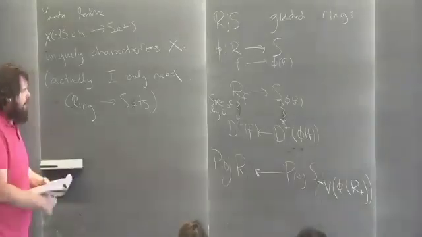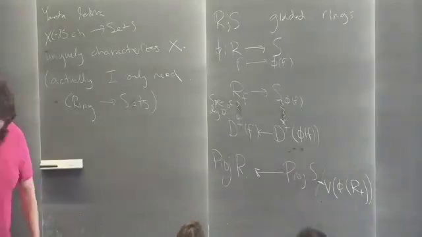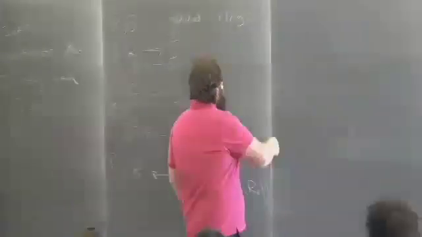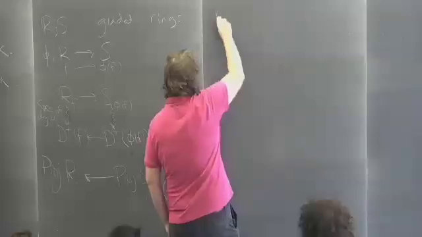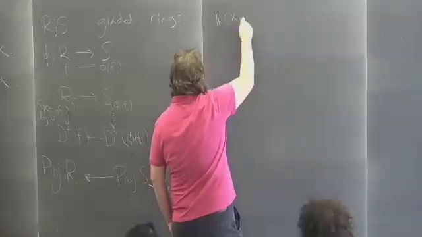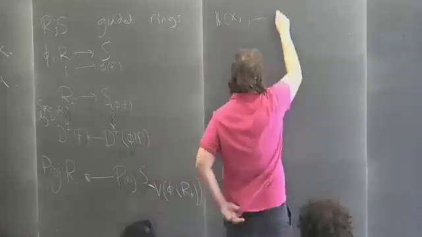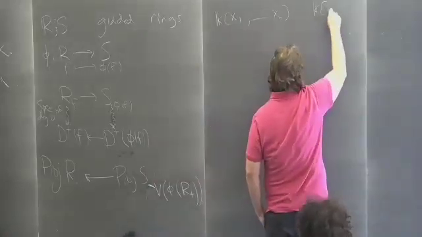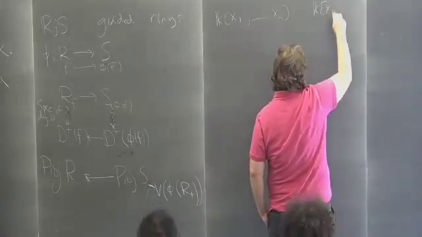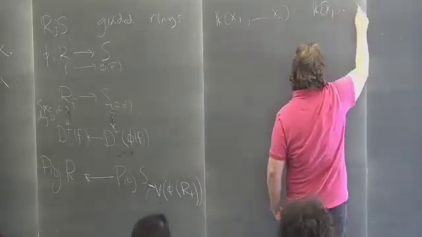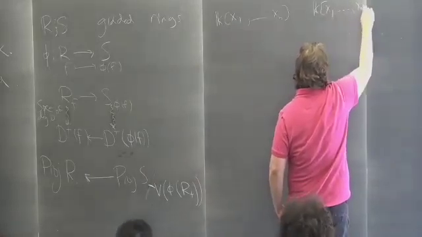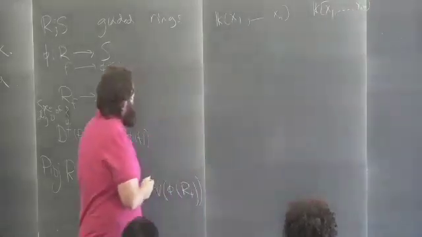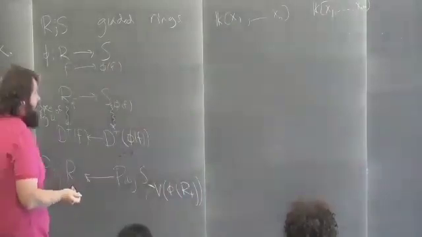Okay. So, for example, if I look at K adjoin x1 up through xn, and then K adjoin one fewer variable, then I have obvious maps in both directions.